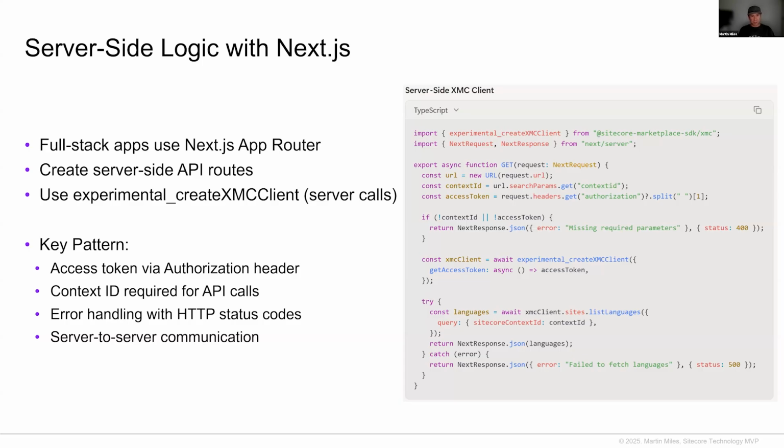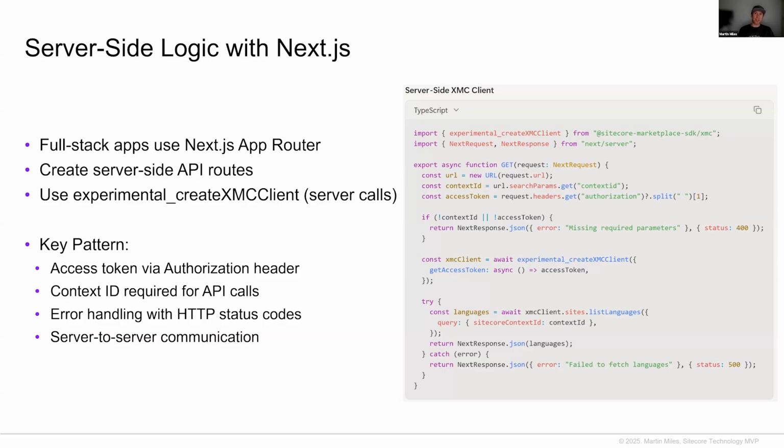So with Next.js, you can create server-side API routes, and these routes run on your server rather than in a user browser. These routes can use the experimental_createXMCClient function, which you see here, to create a server-side XMC client that makes secure server-to-server API calls to Sitecore.